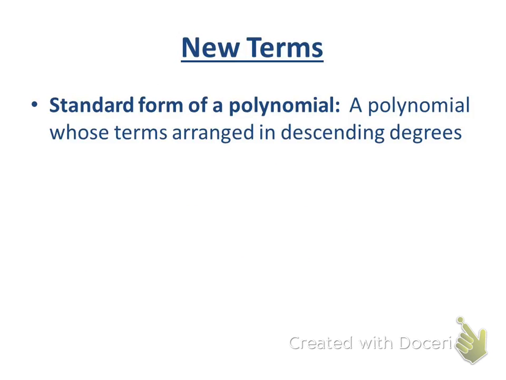Okay? Now, standard form of a polynomial. This is our last definition of the day. Standard form of a polynomial is a polynomial whose terms are arranged in descending degrees.